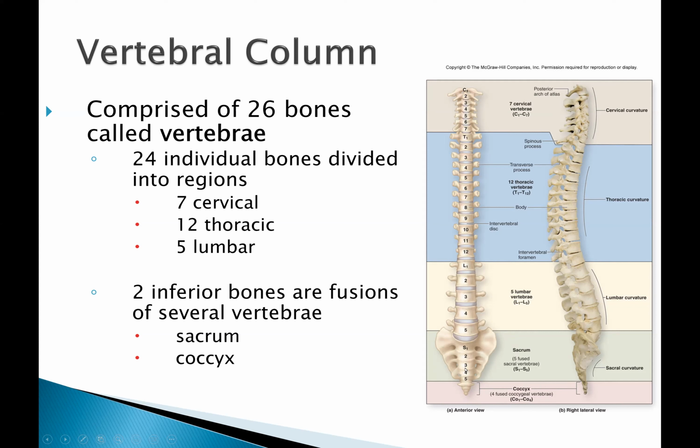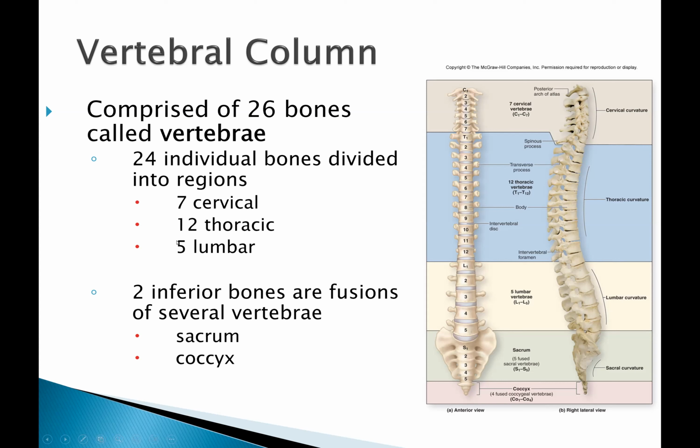And these bones were actually separate bones in your childhood, which fused together later in life, and probably in your teenage to your 20s to your 30s. That's when it started fusing together into a complete bone. Okay, so 7 cervical, 12 thoracic, and 5 lumbar.